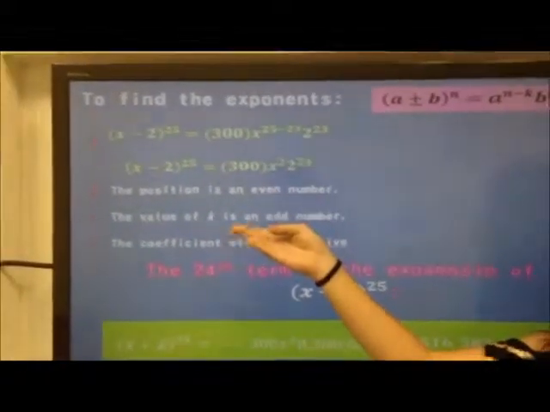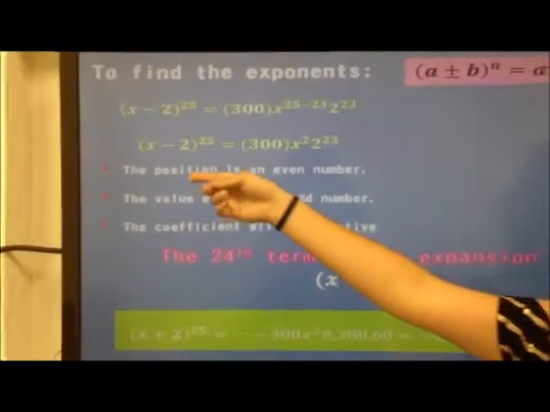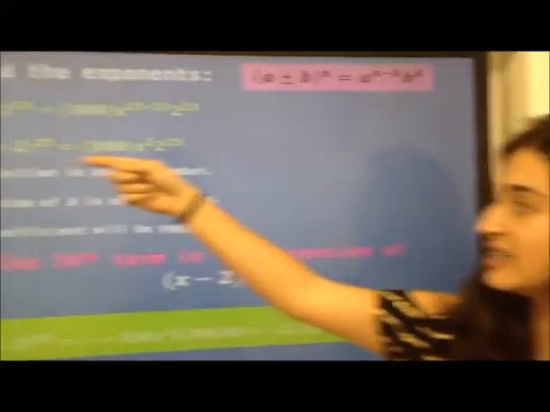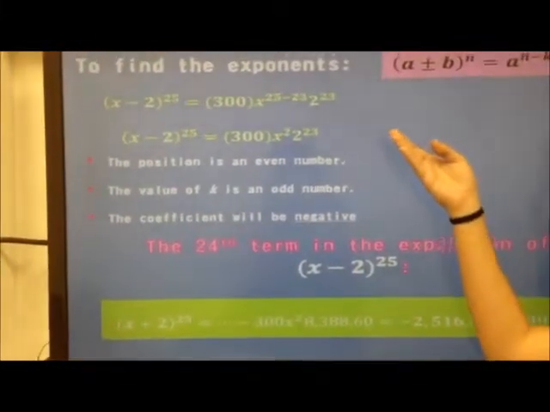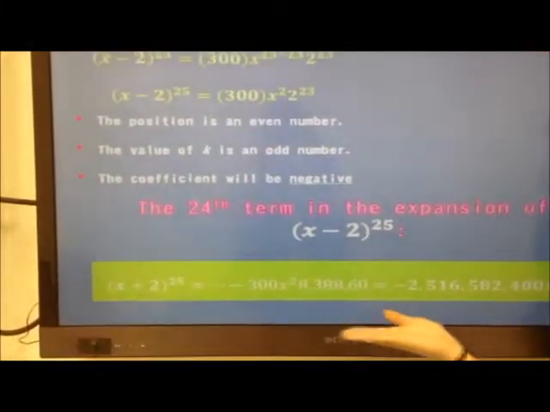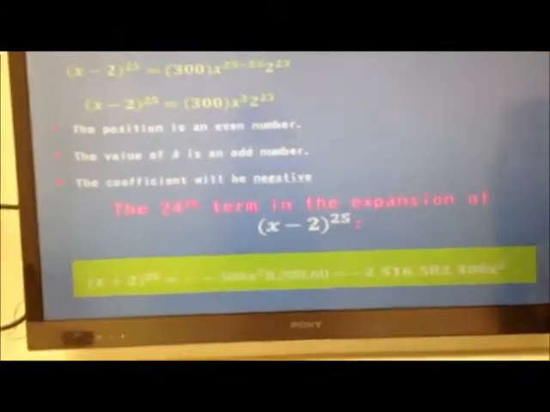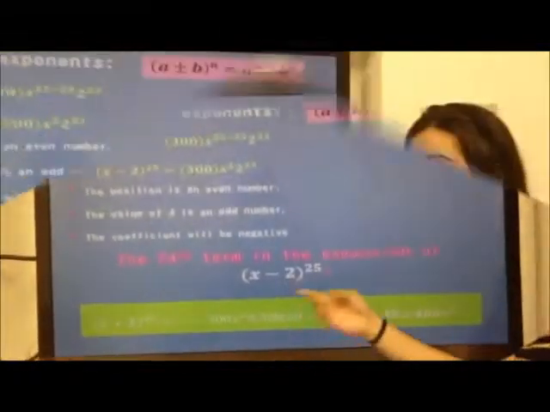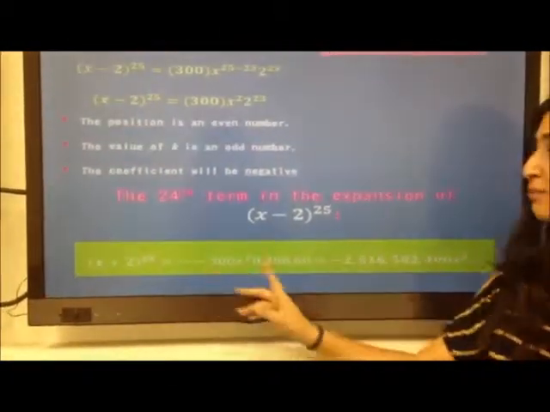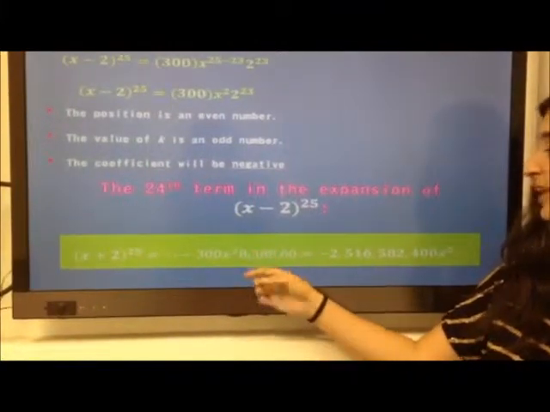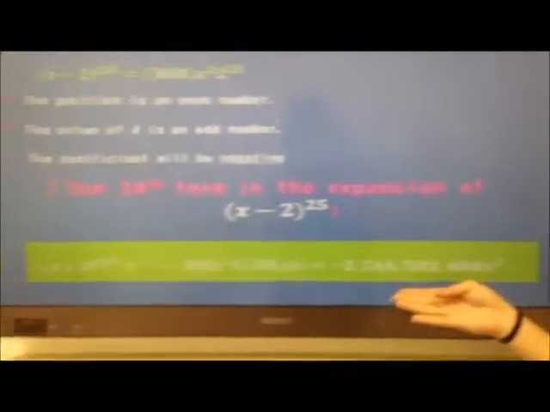We'll have to remember that since we are elevating a negative number to an odd exponent, we will get a negative coefficient as we get in here. So we multiply this negative coefficient by all this, and we will get the 24th term in the expansion.